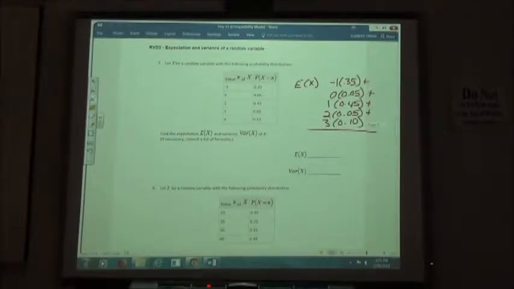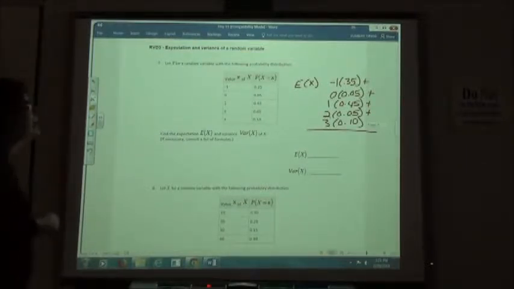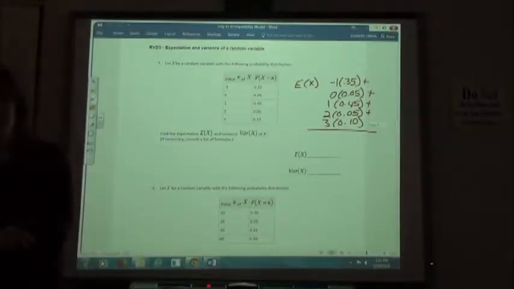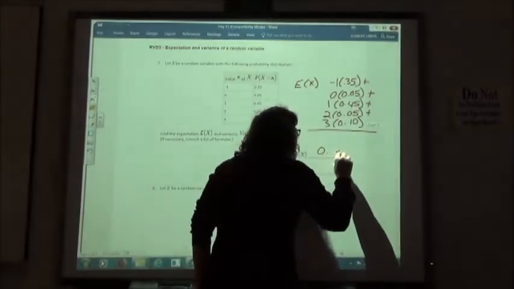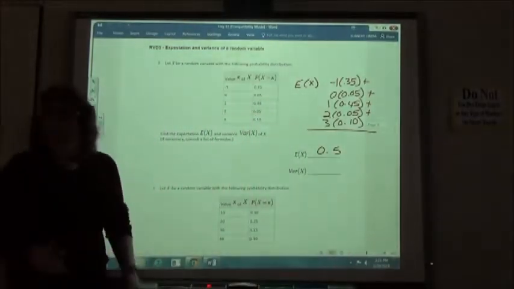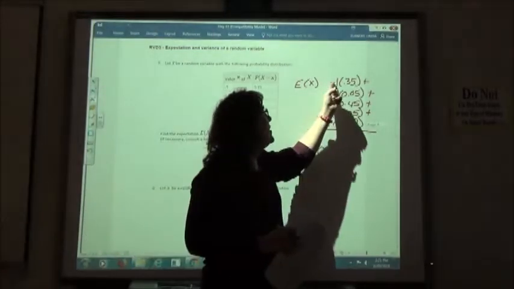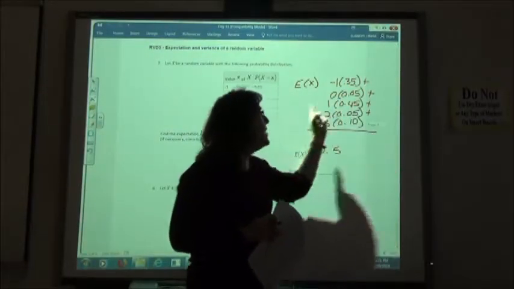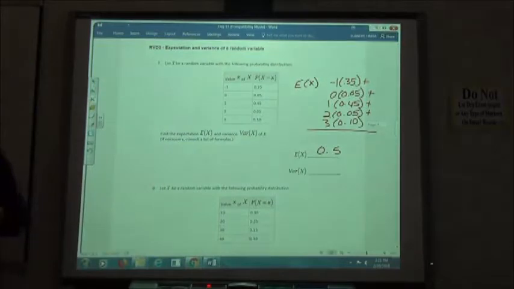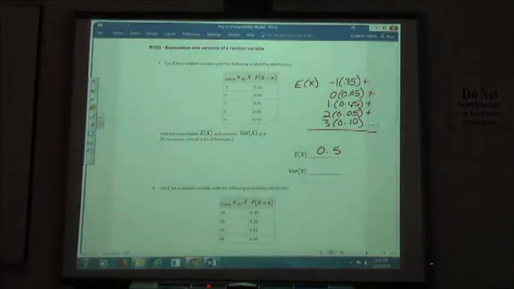I only have one negative number up there and it's not very big, so I'm thinking I'm going to get a positive answer. 0.5. 0.5 is what you should get. So you took -1 times 0.35 plus 0 times this plus 1 times that plus 2 times that plus 3 times that. If you wanted to do it in 5 steps and add them together, you could.